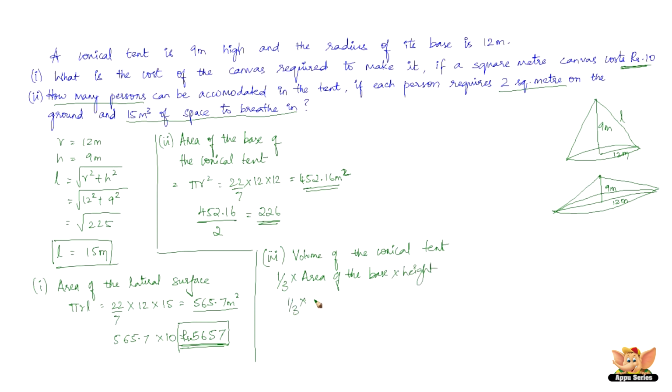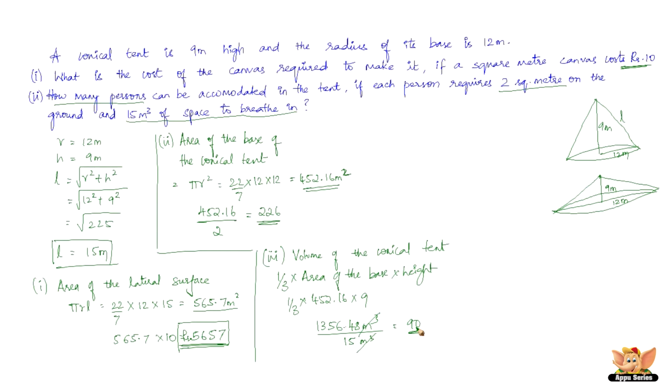The area of the base is 452.16 and the height is 9. So we get the volume on solving this as 1356.48 meter cube. Now each person requires an air space of 15 meter cube. So we need to divide the total volume by 15. We get 90. So 15 goes 90 times approximately.